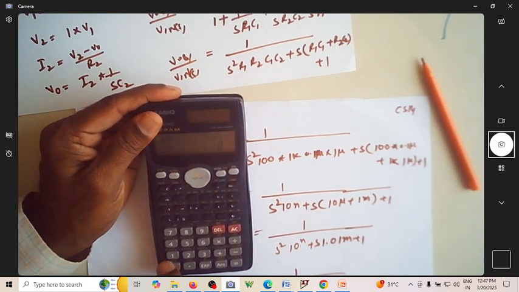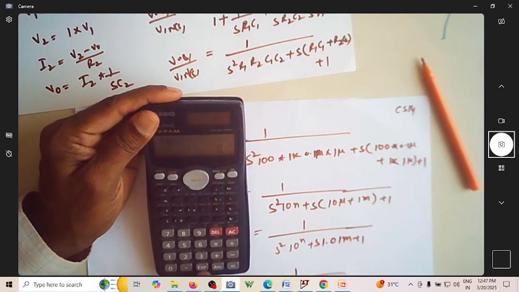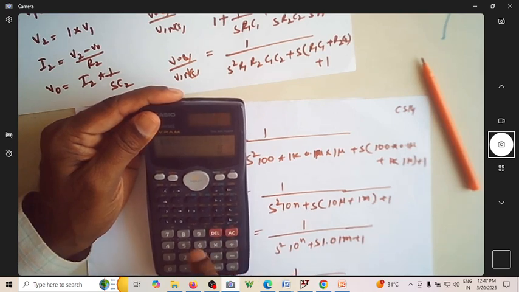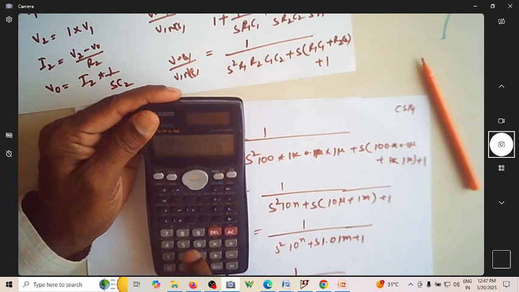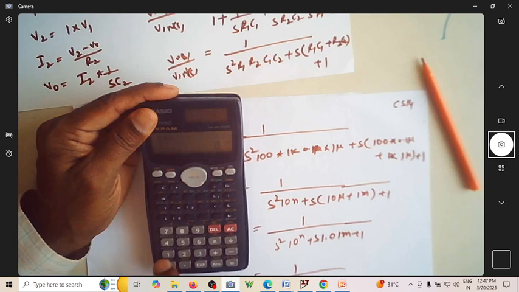Here a is 10 exponential of minus 9, b is 1.01 exponential of minus 3, and c is 1.